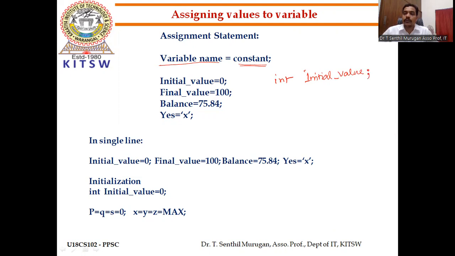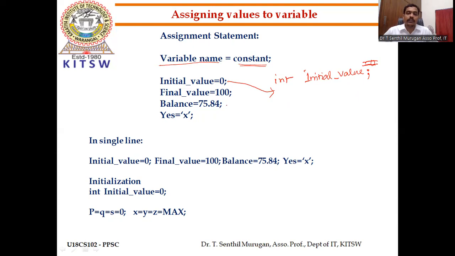I declare this variable. Normally I can declare it here with initial_value equal to 0. This is also the same. Or after declaration, I can write it in a separate line: initial_value equal to 0. We are assigning the value.